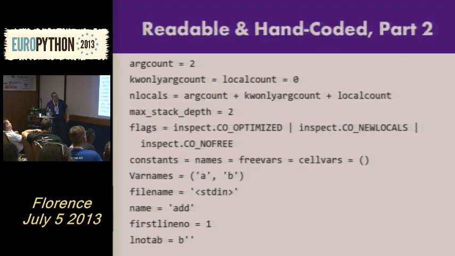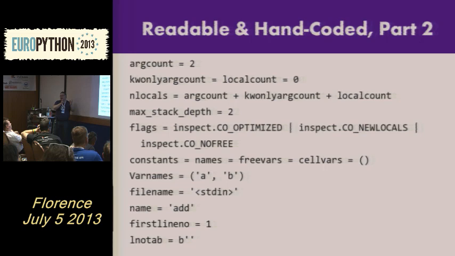This is all of the parameters to the code object, and there are an awful lot of them. So arg count, 2, it takes 2 positional arguments. Keyword only arg count and local count, there are no locals, there are no keyword only arguments, so those are both 0. The total number of locals, again, I told you that's the number of positional arguments plus the number of keyword only arguments plus star kwargs, star args if we have one, we would add 1.